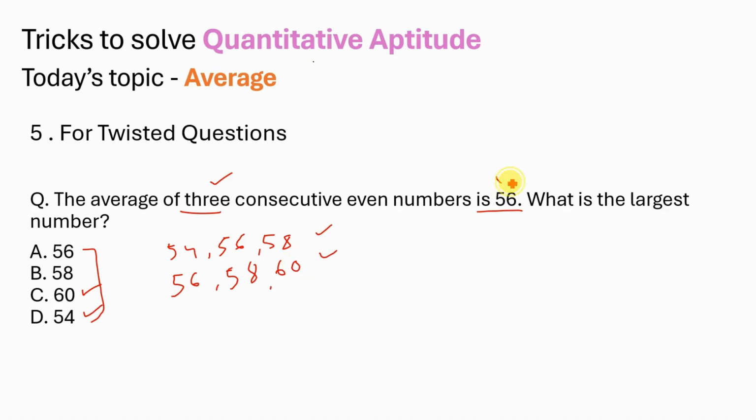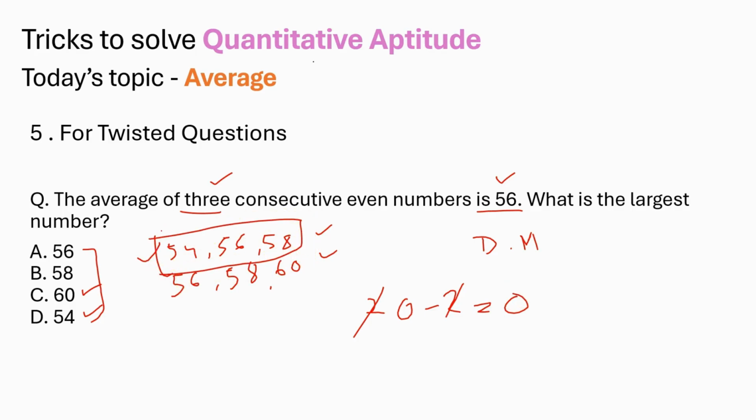Now our average is 56, so let's try the deviation method. Let's first apply this on group number 1. 56 minus 54 is 2, 56 minus 56 is 0, and 56 minus 58 is minus 2. So the sum equals 0. This is the correct group where the average is 56.